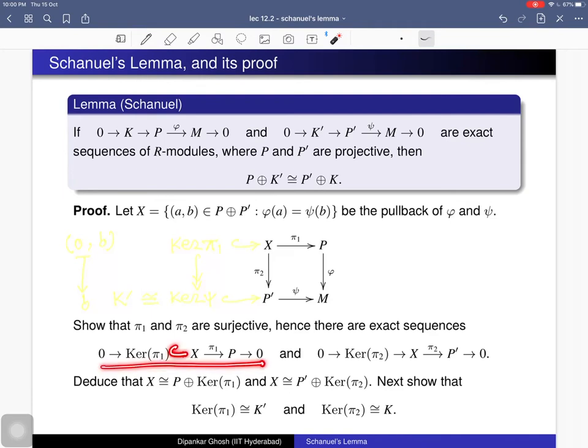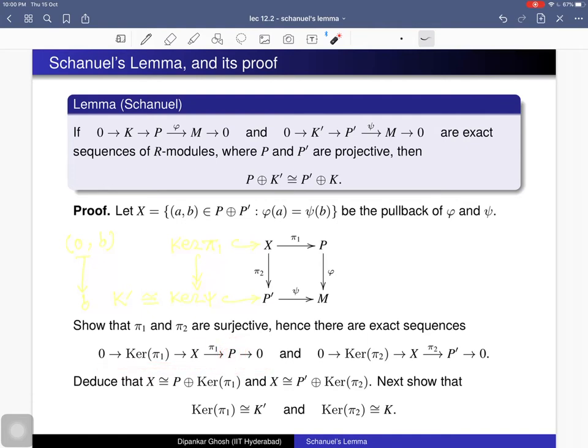Here this is the inclusion map, and in a similar way considering pi 2, we have this short exact sequence. Now, we should use the hypothesis that both P and P prime are projective R modules. One of the equivalent conditions is that if a short exact sequence ends with a projective R module, then it is a split short exact sequence.